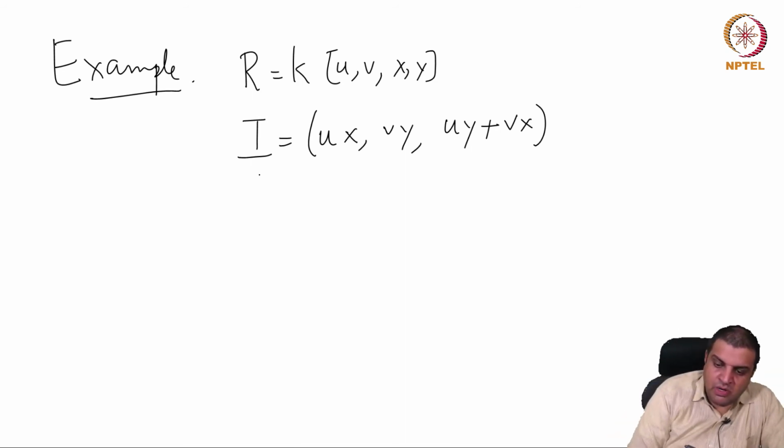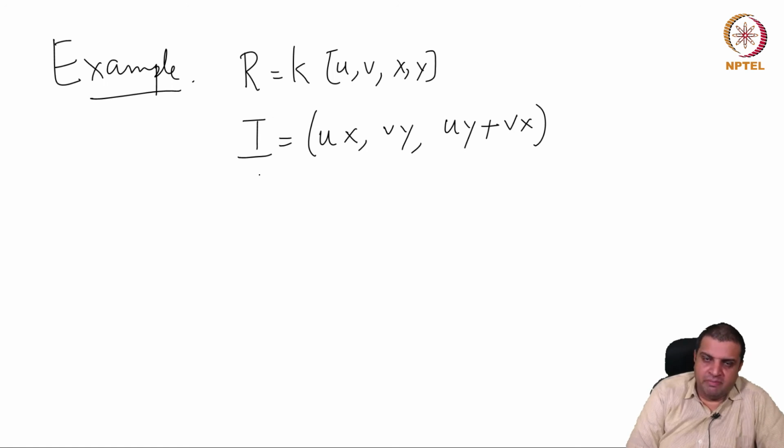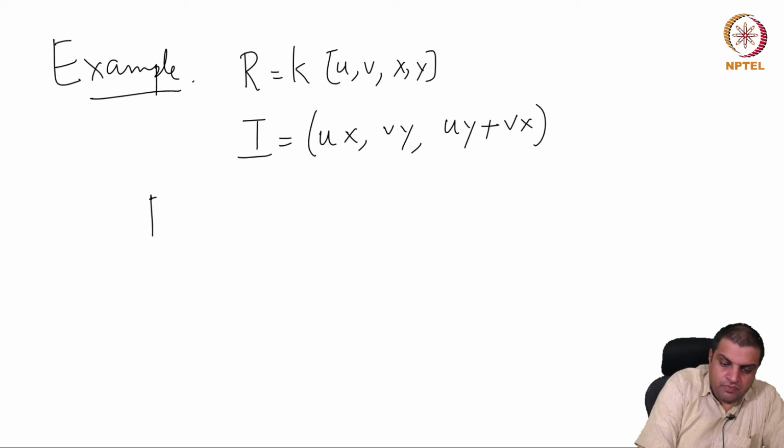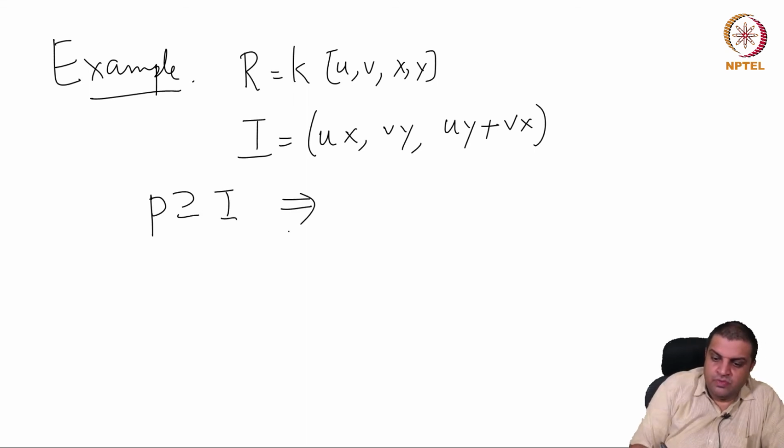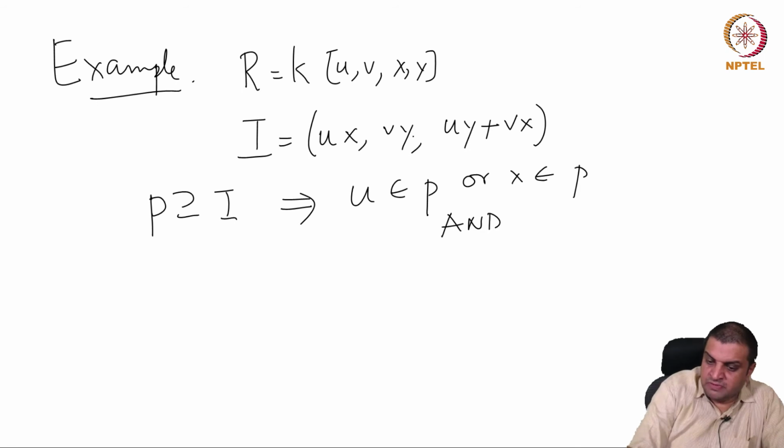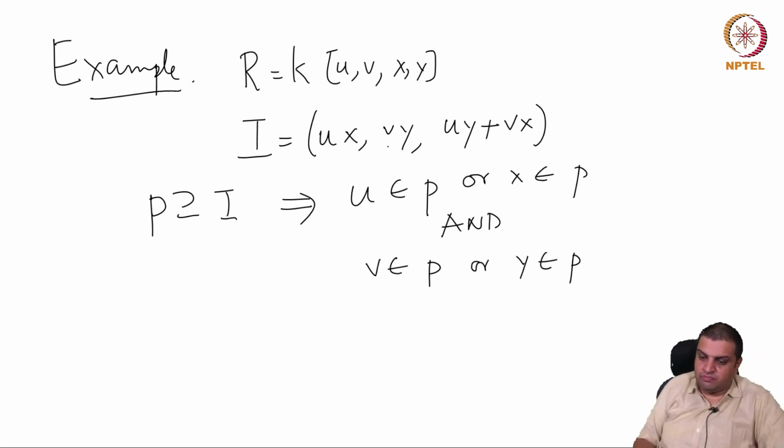So first we would like to understand the support of M, the support of R mod I. P contains I implies ux, u is in P or x is in P, and this is from the first term, and v is in P or y is in P, just the first term.